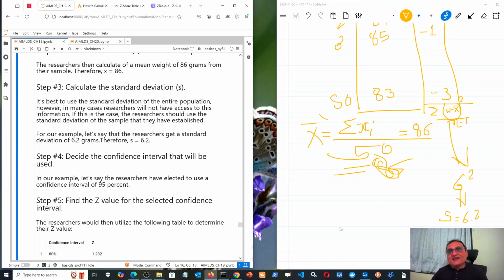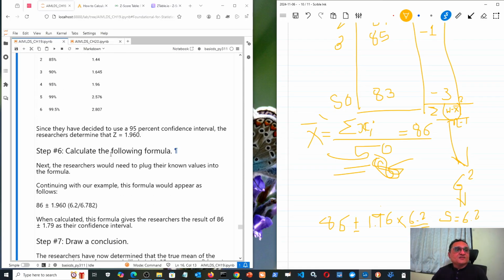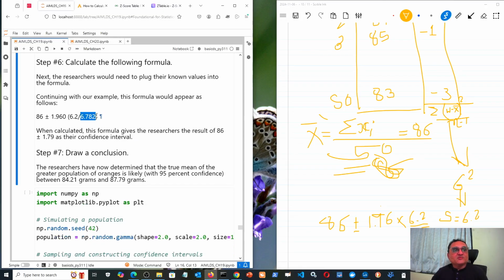So in this case, X bar is 86 plus or minus Z. Z is 1.96 for the 95% confidence interval, from the table on the left side, multiplied by the standard deviation, which is 6.2, divided by root of 50, right? Whatever this value is will give the confidence interval.